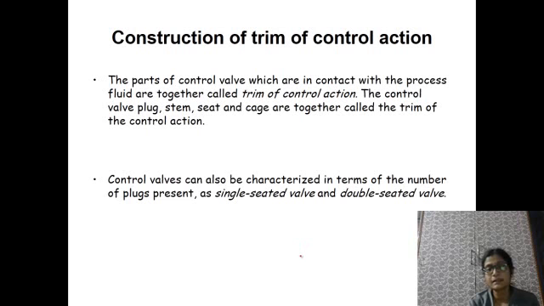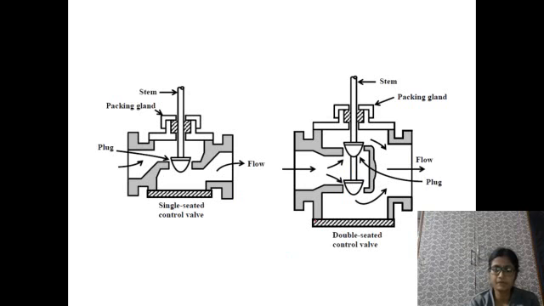This is how many plugs are present in the control valve. So depending on the number of plugs, the valve can be categorized as single seated valve and double seated valve. Only these two types are applicable. Single seated means whatever we are familiar with so far, that this is the stem and this is the plug.